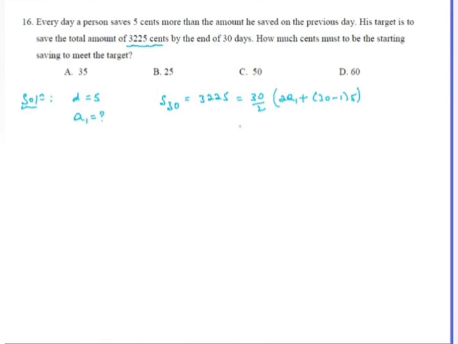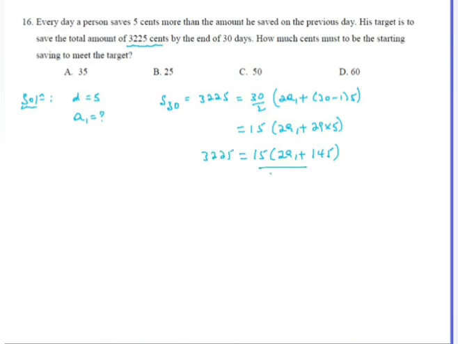So this becomes 15 times (2 × A1 + 29 × 5). So this means 15 times (2A1 + 145). You can write it like this: equals 3225.